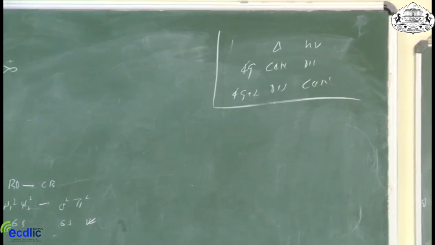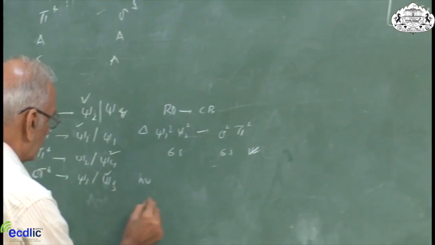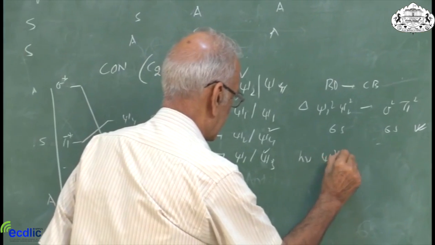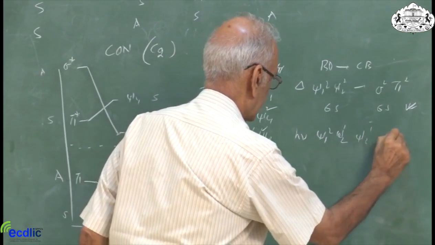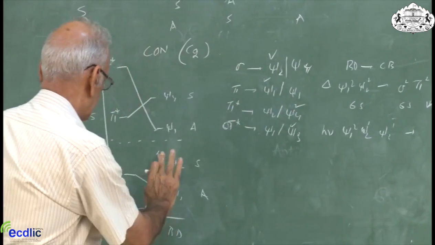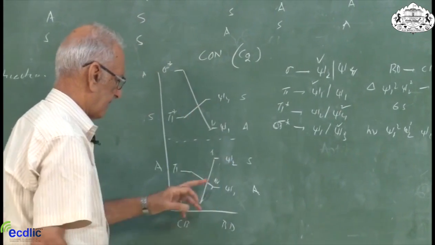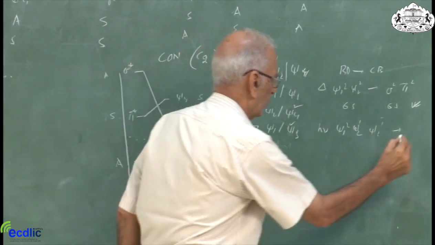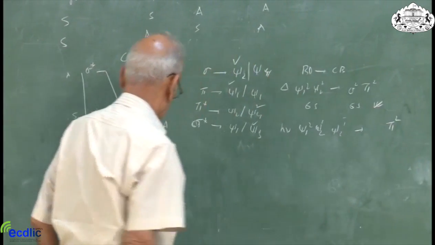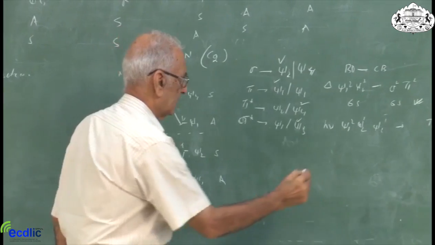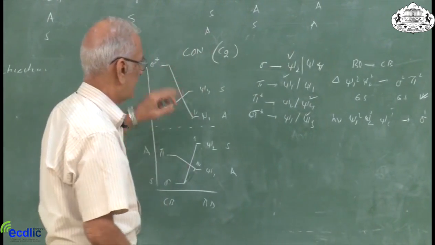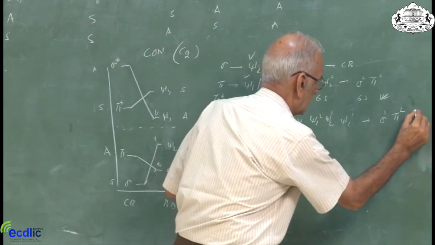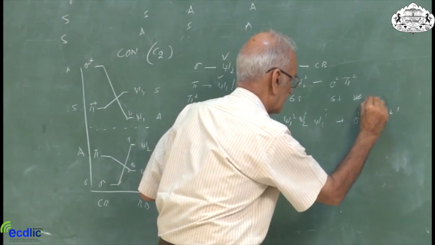Okay. Let us look at the photochemical reaction, psi 1 has 2, psi 2 has 1, psi 3 has 1. Psi 1 2 will go into pi, psi 2 1 will go into sigma, psi 3 1 will go into sigma star.